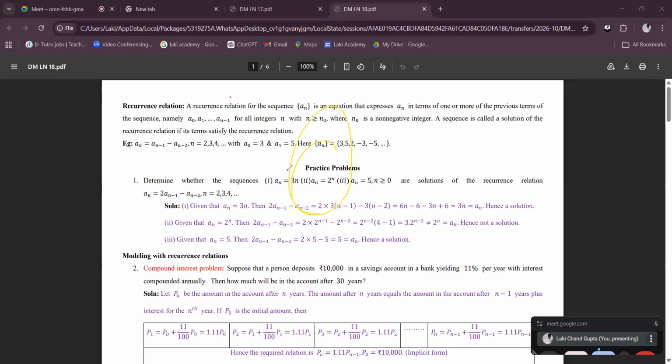Now we try the second option. The second option is what? 2 raised to n. Okay. So a n is what? 2 raised to n. A n minus 1 will be 2 raised to n minus 1, right? Which can also be written as 2 to the n upon 2, right? Okay.